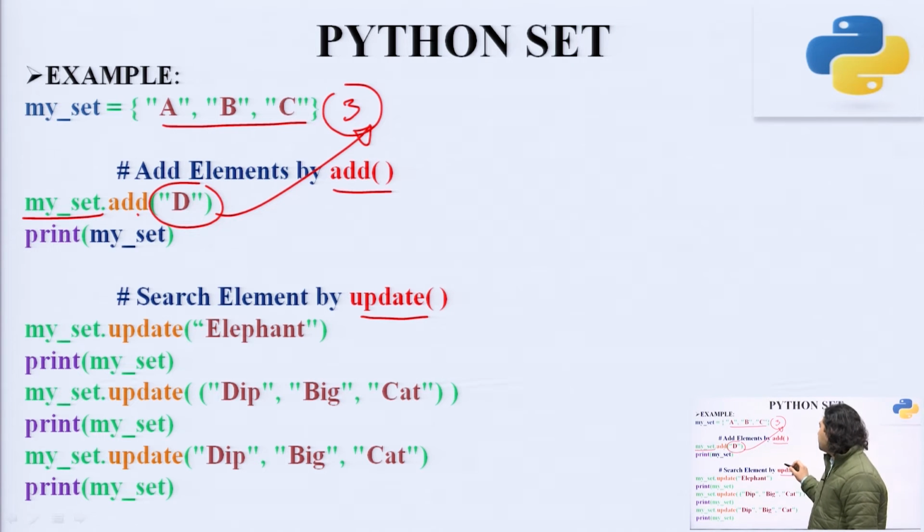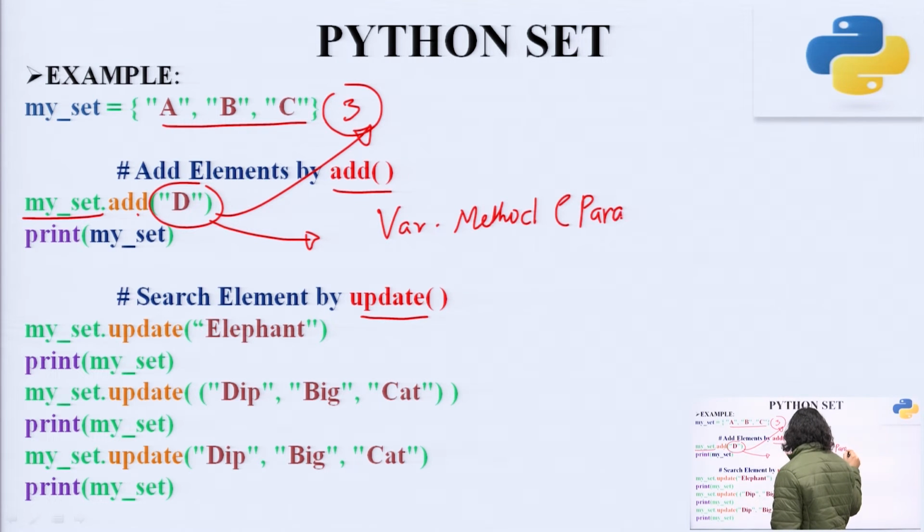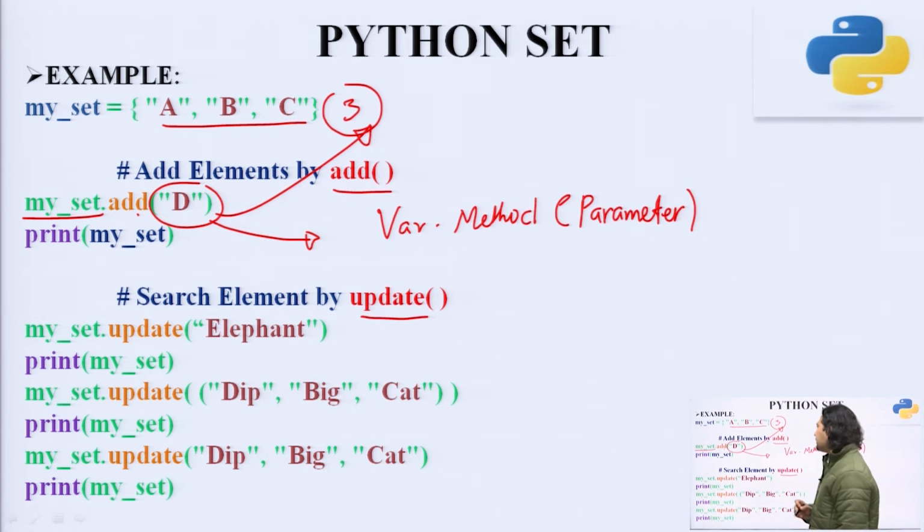In this add method we are adding the element D. The method syntax is the variable followed by the method, followed by the parameter in brackets.